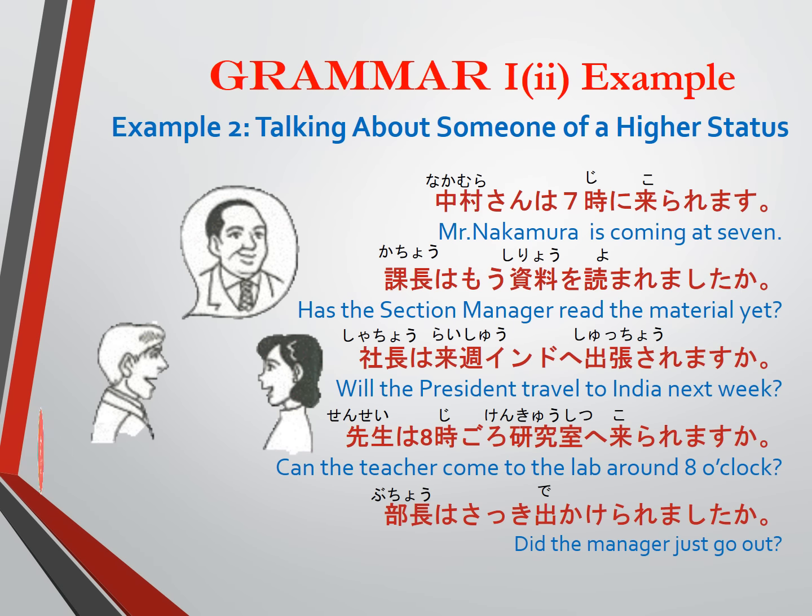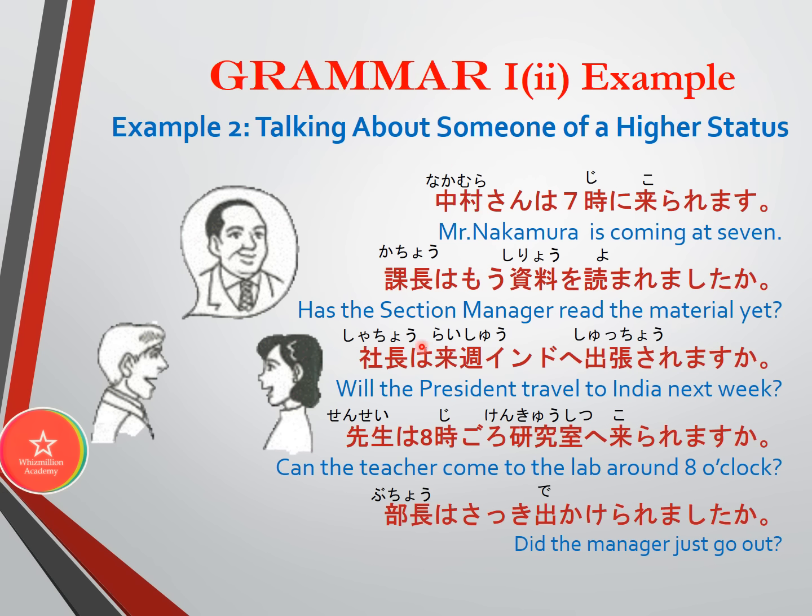In this second example, Michael is talking about his boss to his colleague Sato-san. Michael, and this is Sato-san. In this situation, both Michael and Sato-san is lower status than his boss. So both of them have to use sonkeigo, right?